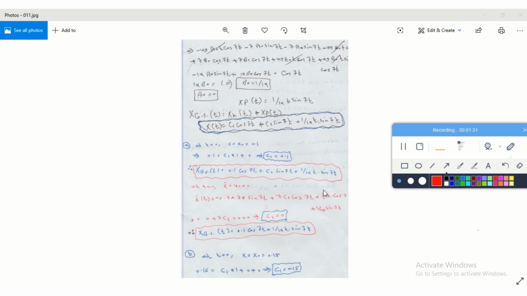They said that initially, at t equal to 0, x is equal to 10 centimeters, which is 0.1 meter. Now we will benefit from this initial condition. We'll substitute it in this equation. x is equal to 0.1, c1 multiplied by cosine 0, plus 0, plus 0. So we get c1, which is 0.1.